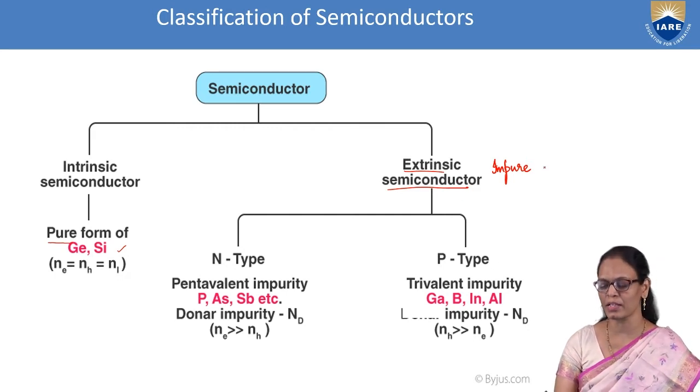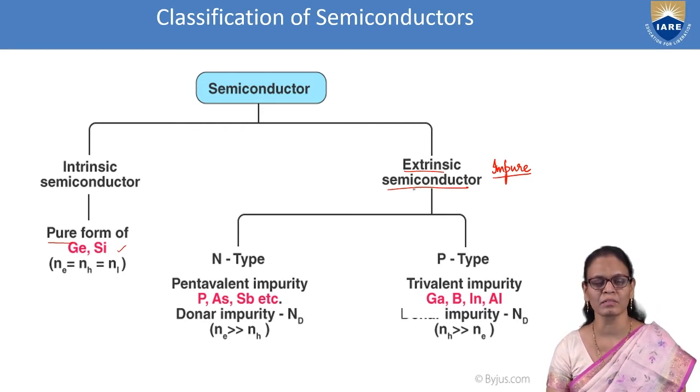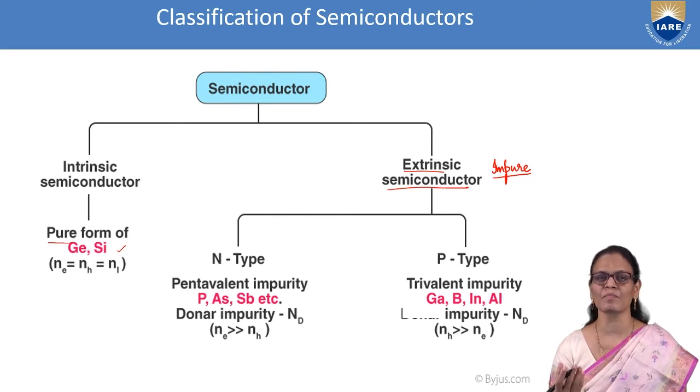Extrinsic semiconductors are impure. Impure means what? When we take a semiconductor, maybe germanium or silicon, and add some atoms of a different element, then it becomes impure. Suppose I take a silicon crystal, all the atoms are arranged in a systematic fashion.